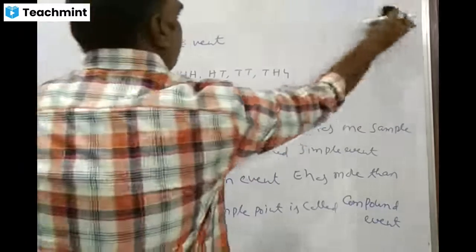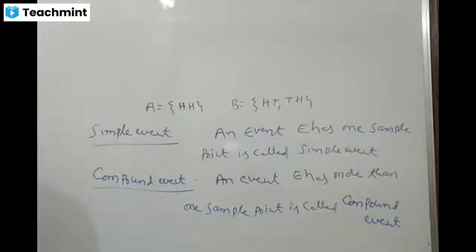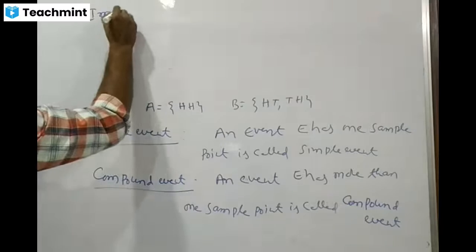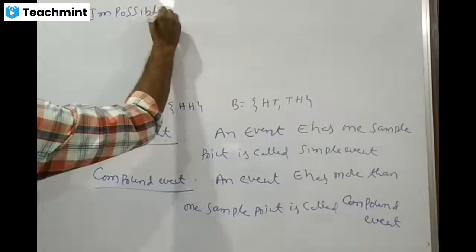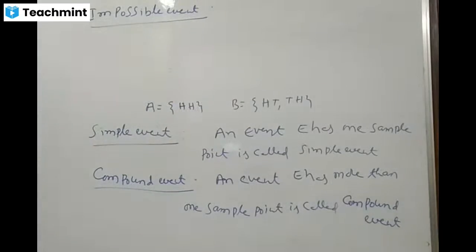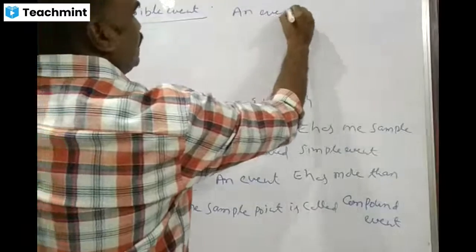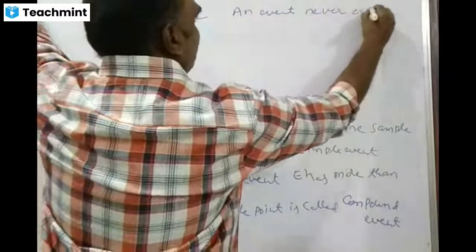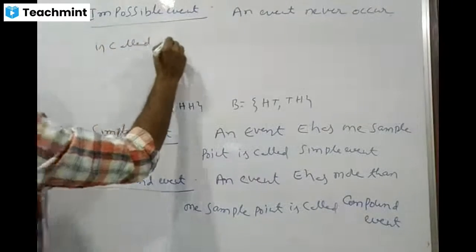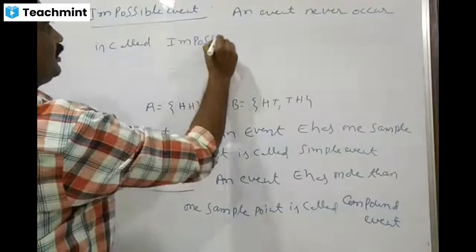Next, impossible event. An event that never occurs is called an impossible event.